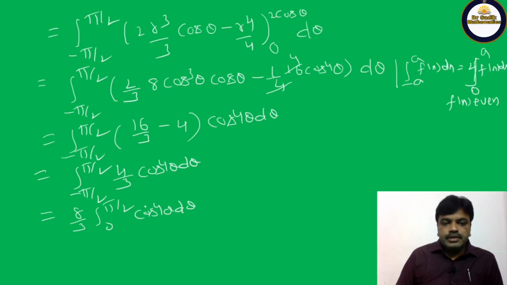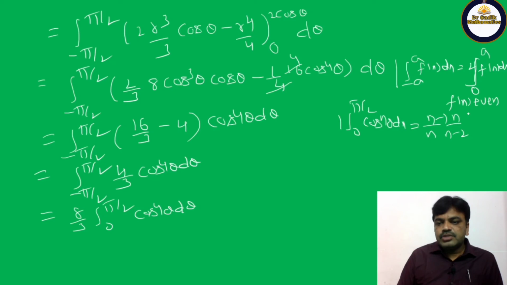Now here we have a formula, friends. What is the formula? The integral from 0 to pi by 2 of cos power n theta d theta is equal to n minus 1 over n, then n minus 3 over n minus 2, and so on, ending with 1 by 2 into pi by 2.